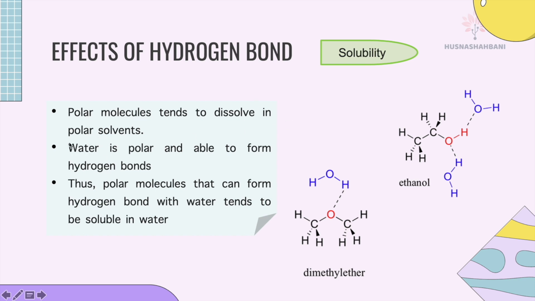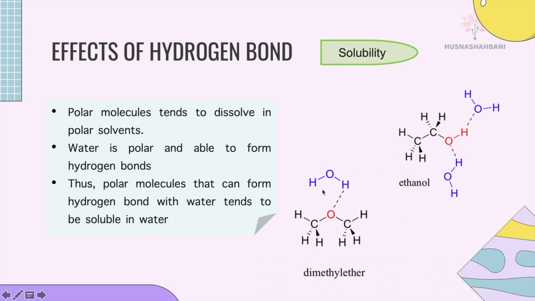Water, we know water is polar molecule, even though this molecule has same surrounding atom, but oxygen has lone pair, so that's why water is polar molecule. It is able to form hydrogen bond with polar solvent. Our polar solvent examples here, dimethyl ether and ethanol.